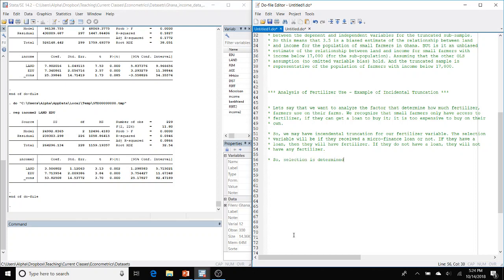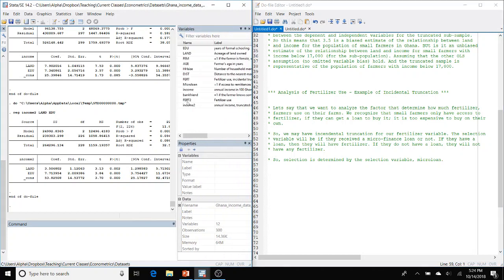is determined by the selection variable microfinance or microloan. All right, so do we have this variable in the data set? Yes, we have microloan. All right, so we basically have two situations here. We have our ordinary least squares regression model where we want to look at the determinants of fertilizer use.